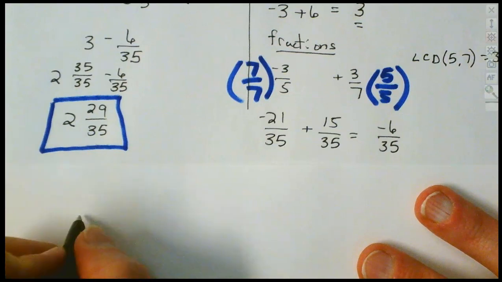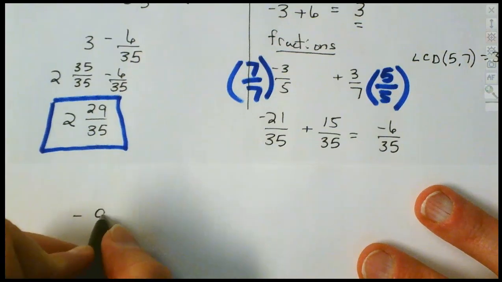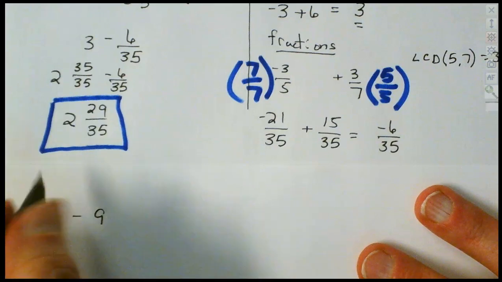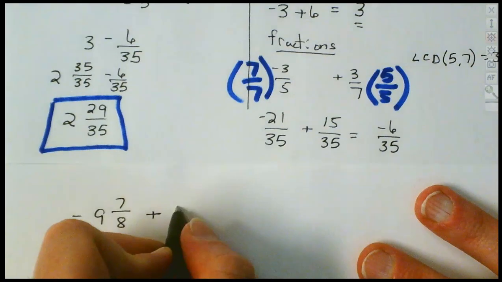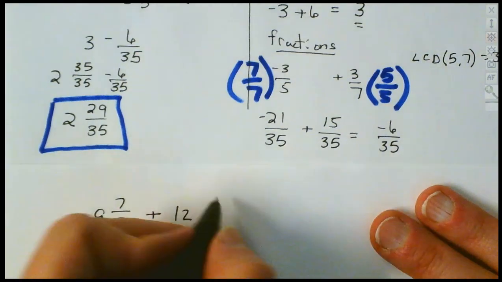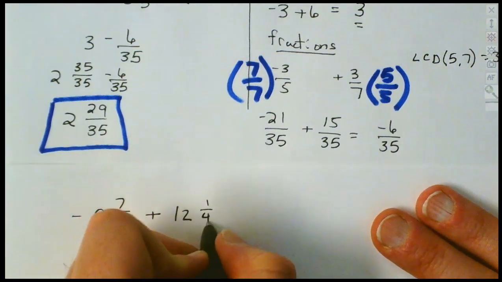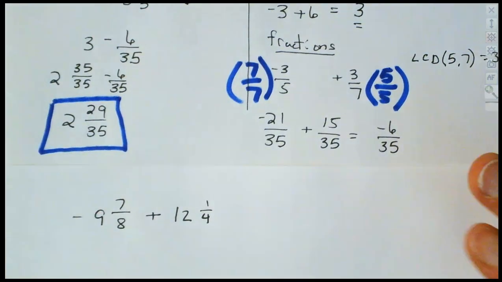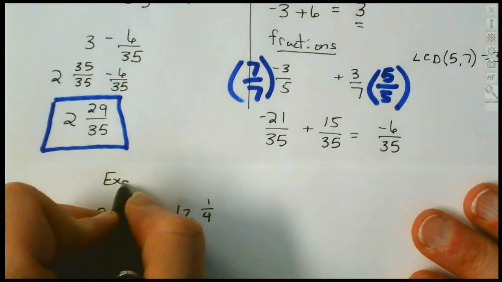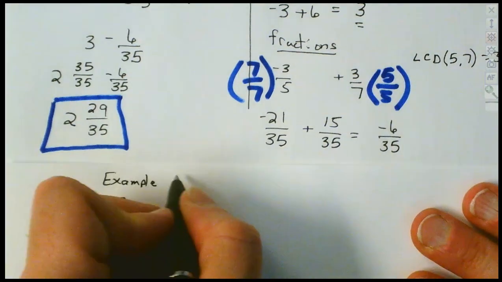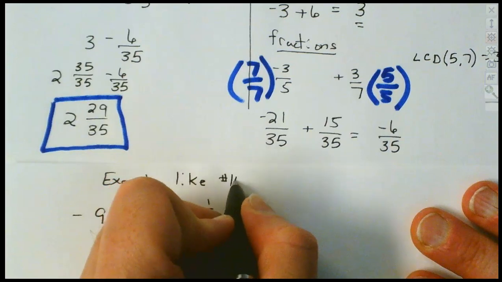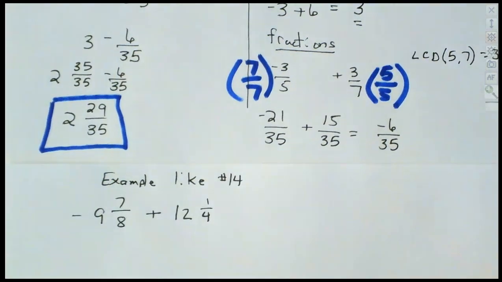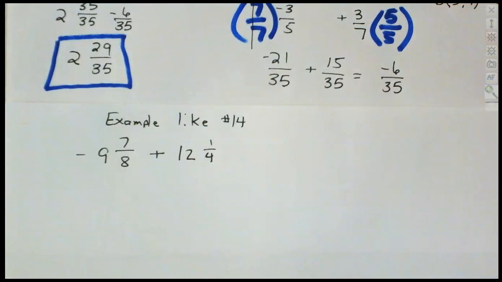How about minus 9 and 7/8 plus 12 and, let's say, 1/4. Okay, so this is another example. This is going to be like number 14. You just want to do another example because over the years, I've seen this question missed more than almost any other.